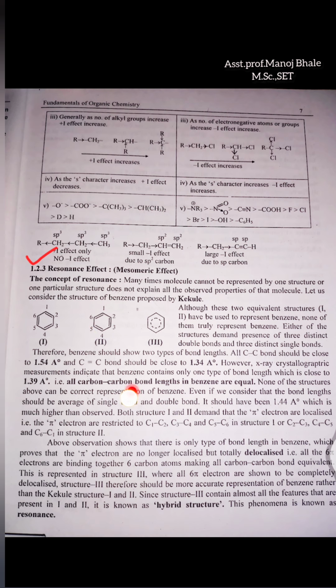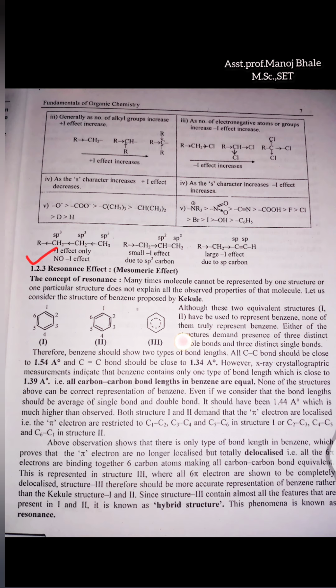So the value is 1.39 angstrom, which is in between 1.54 and 1.34. It is neither a double bond nor a single bond; the bond length is in between. That means all carbon bonds are equal.